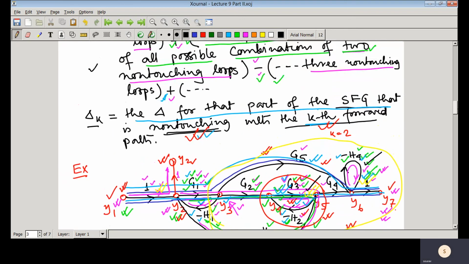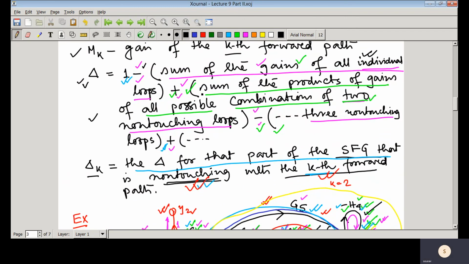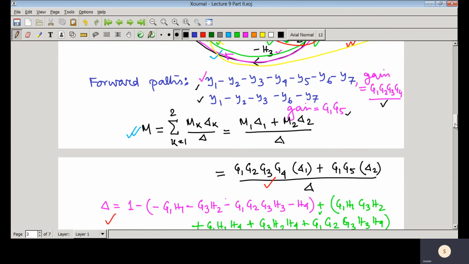Then the third term is plus, and you have two non-touching loops.